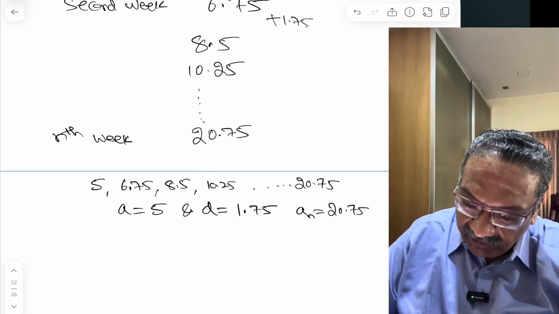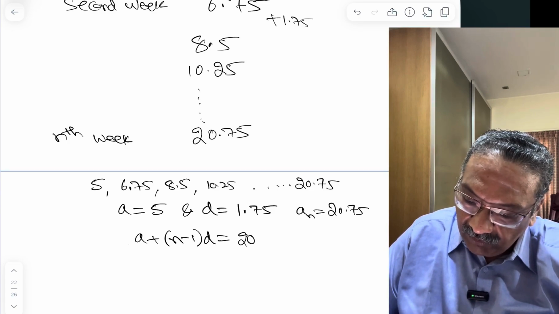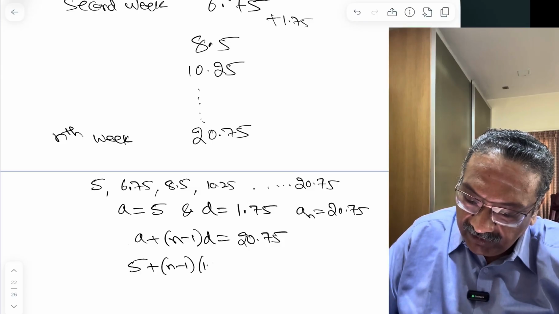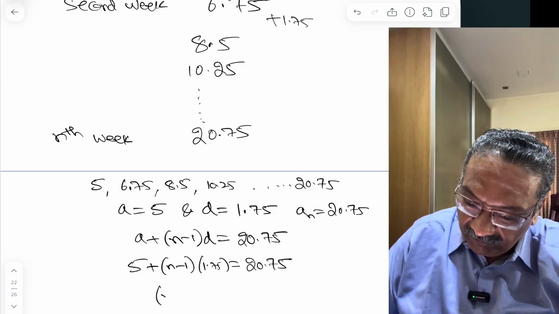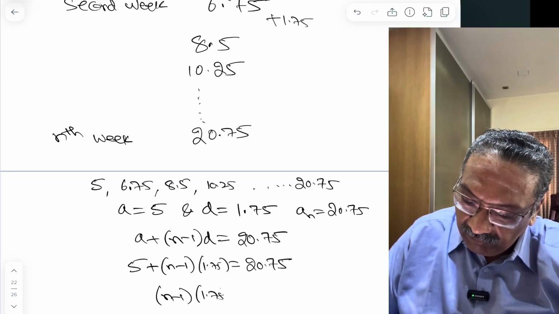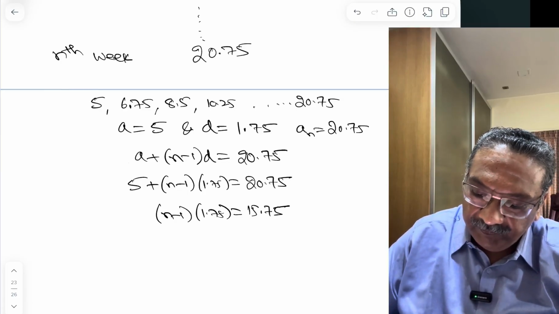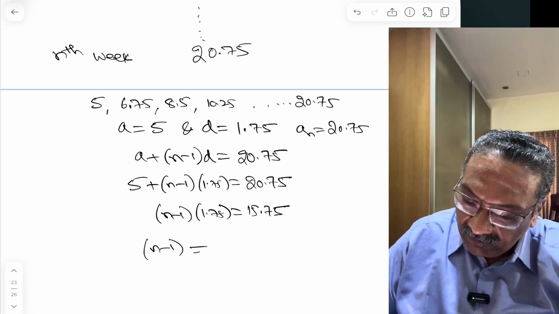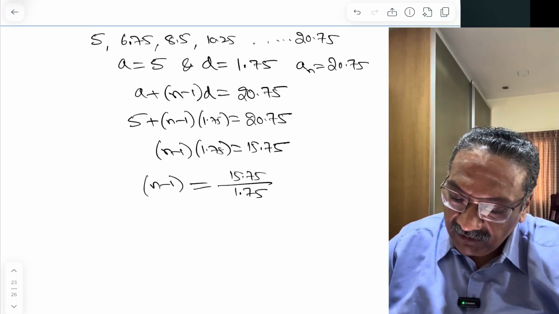So what is the an formula? a plus n minus 1 into d is equal to 20.75. a is 5 plus n minus 1 into 1.75 is 20.75. n minus 1 into 1.75, 5 goes to the other side and becomes minus, it becomes 15.75. So n minus 1 is equal to 15.75 divided by 1.75.